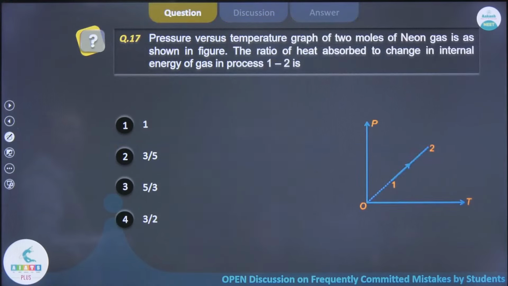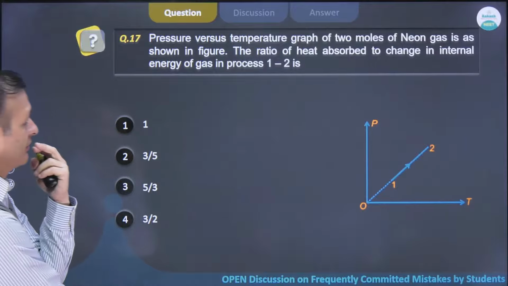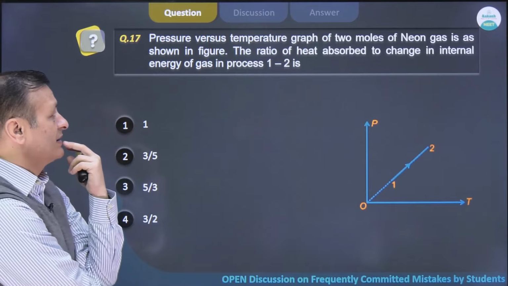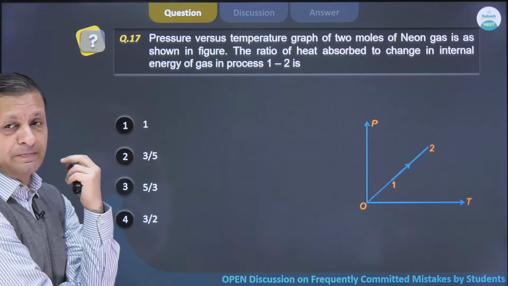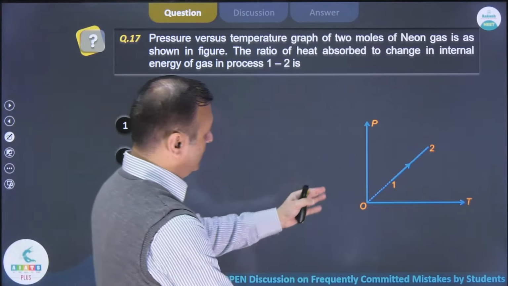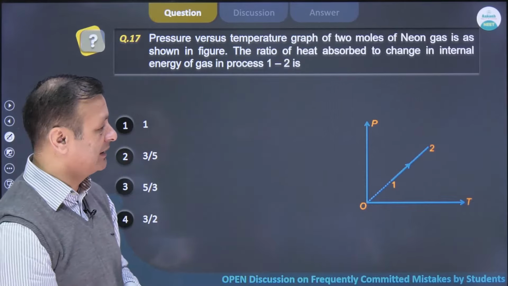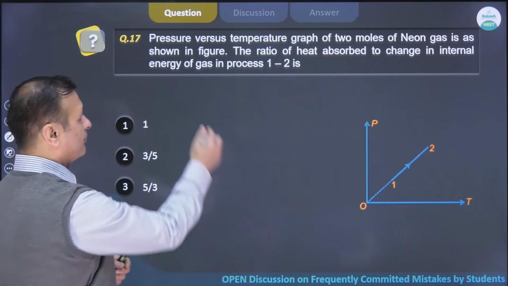Moving to the next question. The pressure versus temperature graph of 2 moles of neon gas is as shown in the figure. The ratio of heat absorbed to change in internal energy of gas in process 1 to 2. If you look at this pressure versus temperature curve, this is a straight line passing through the origin.